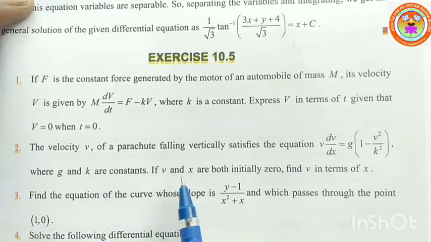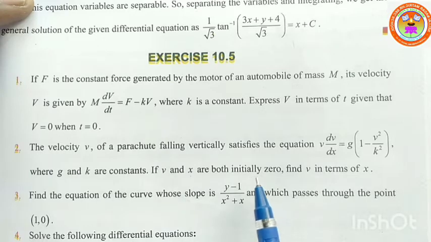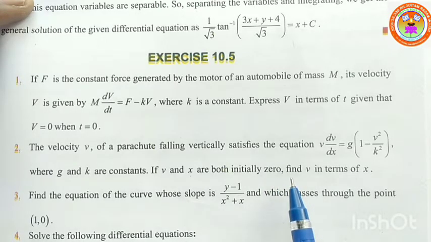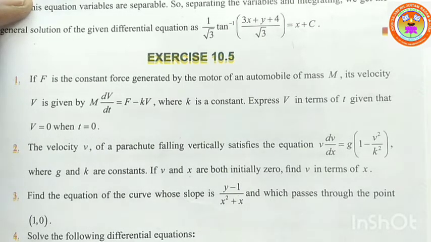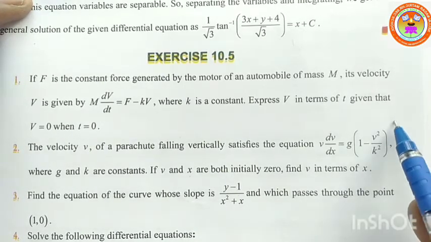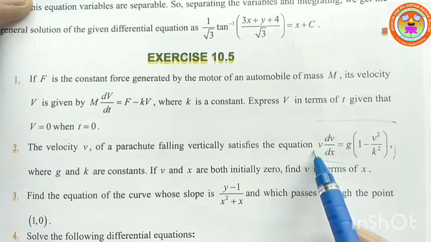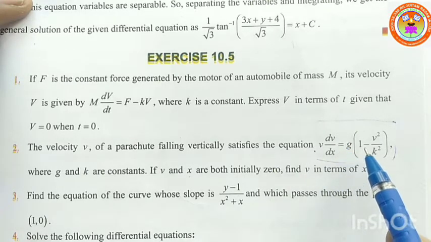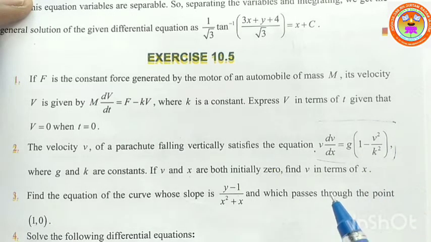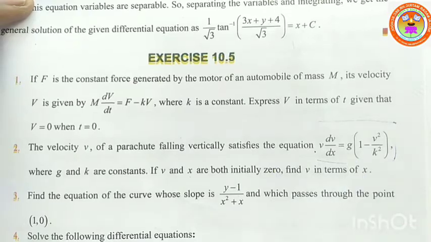If v and x are both initially 0, then find v in terms of x. So it is given one differential equation, that is v into dv by dx equal to g into 1 minus v square by k square. Now we are going to consider this equation.